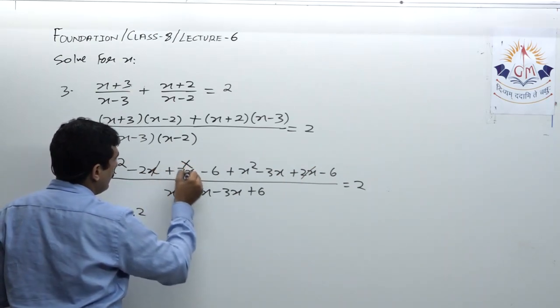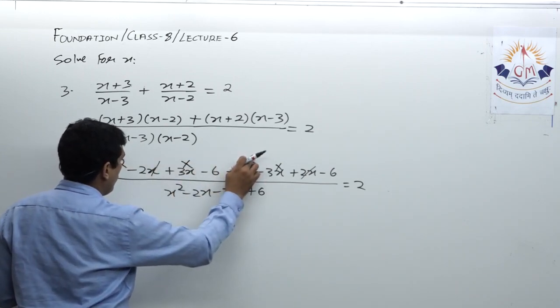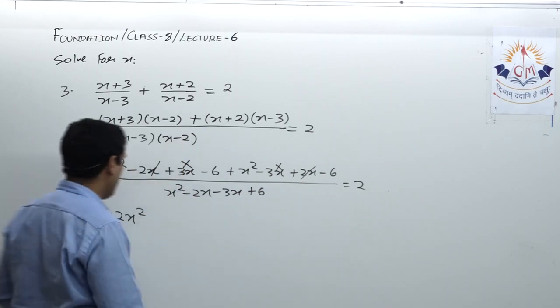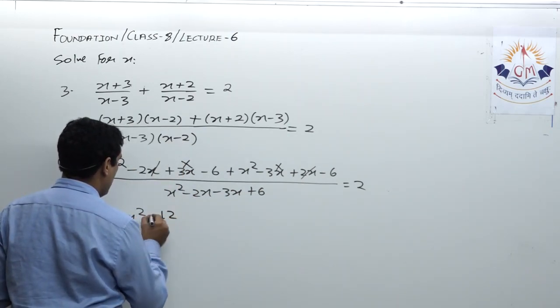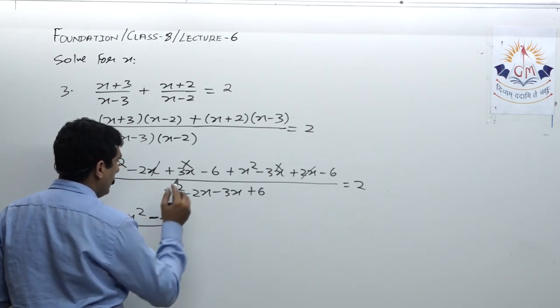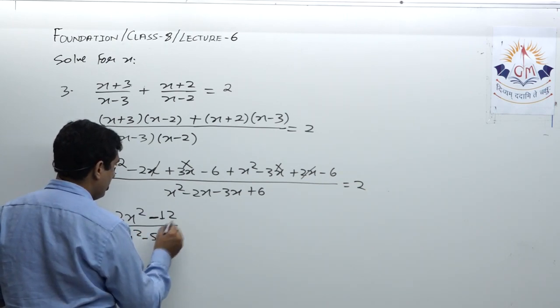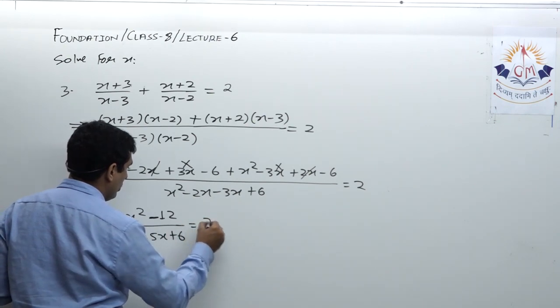Similarly, plus 3x minus 3x, I can cancel. So 2x square, and minus 6 minus 6, that is minus 12, divided by x square minus 5x plus 6 is equal to 2.